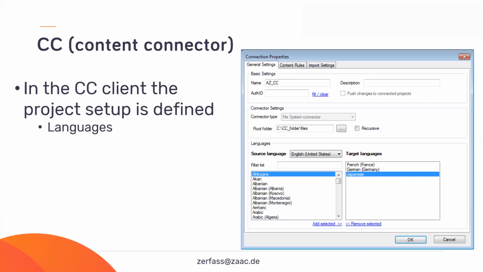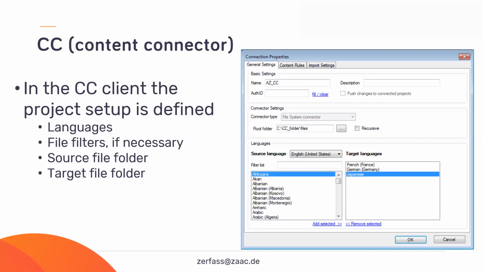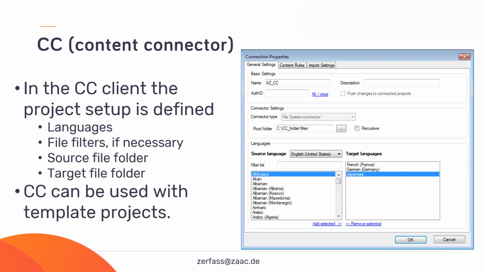So you define the languages, you define filters if they're used for importing, you define the source file folder, the root folder where the actual files are that need to go into the memoQ project, and maybe even the target folders if new folders need to be created for the translated files. It can also be used with template projects, so you can have a lot of automation.